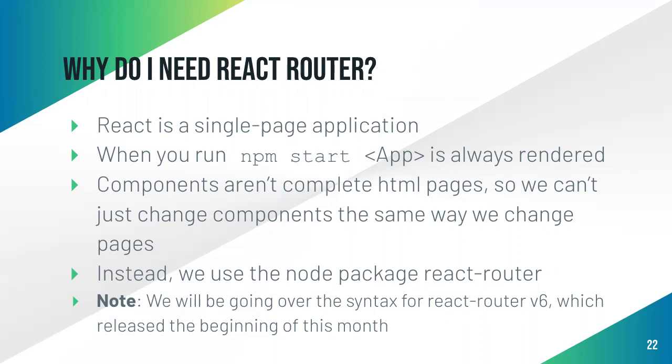When you run npm start, App is always rendered, and so components aren't complete HTML pages as we've seen. So we can't just change components through anchor tags in the same way we did in HTML. Instead, we're using the node package React Router. And we're going to go over the syntax for the most recent version, which was just released at the beginning of this month.